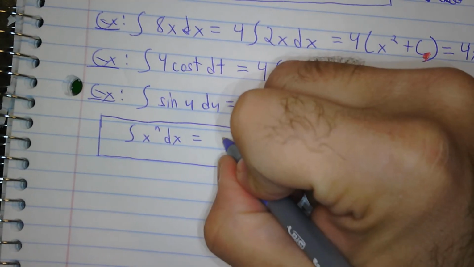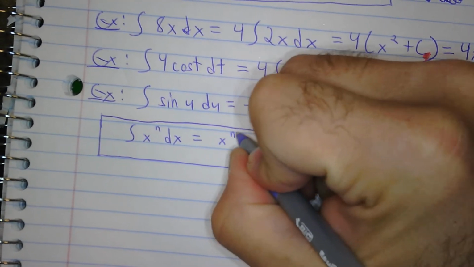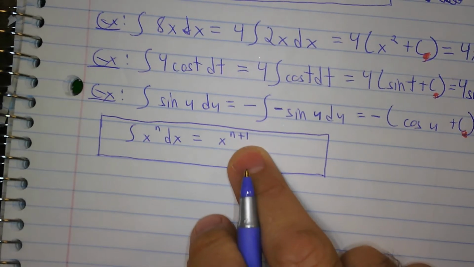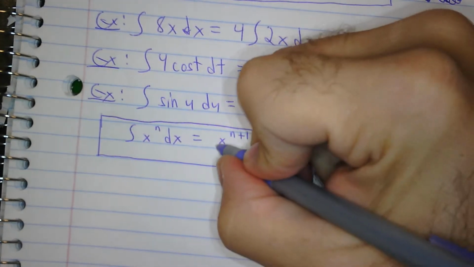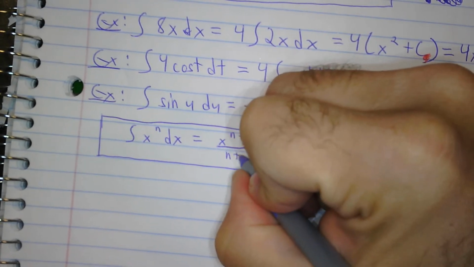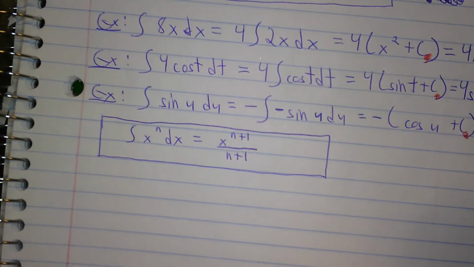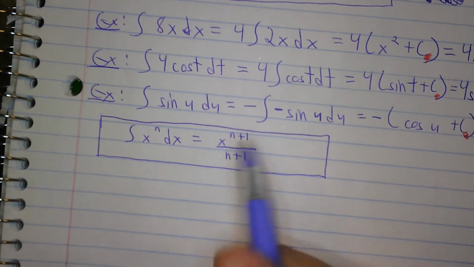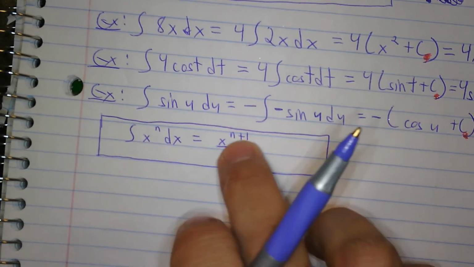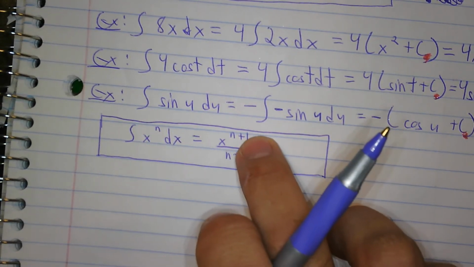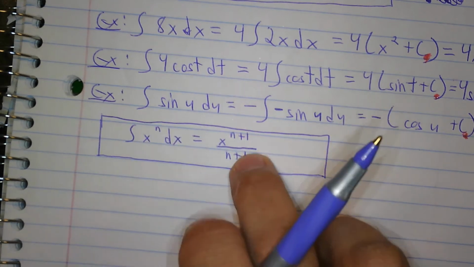The integration will be x to the n plus 1 over n plus 1. Remember when we differentiated, it was n minus 1, now it's n plus 1. Because before we would bring whatever was in the exponent over in front and then subtract 1. Now we take whatever's in the exponent, add 1, and divide by that new number.